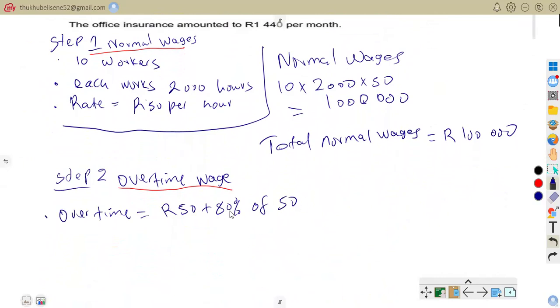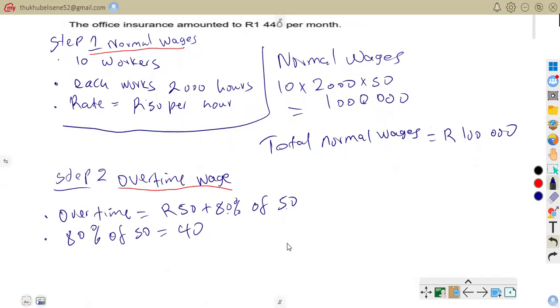So meaning we have to find out the 80% of normal rate, of 50. So it means that 80% of 50 is equal to 40, which is our overtime rate.